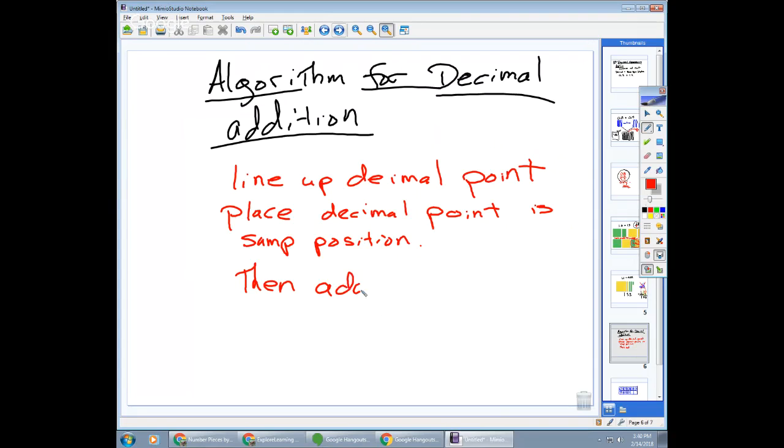Then add as if they're whole numbers. Yeah, so as long as they're good with carrying, as long as we line up the decimal points in the numbers, we know where to put the decimal point in the answer, and we add as if they're whole numbers.